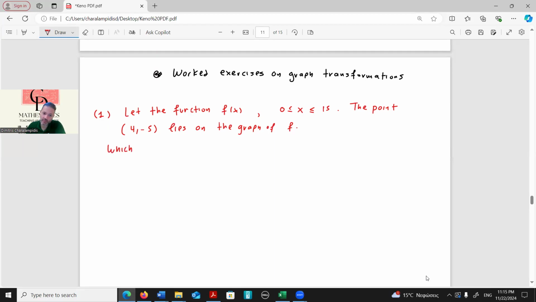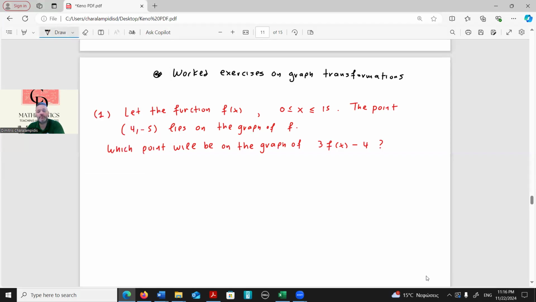Which point will be on the graph of 3 f of x minus 4?